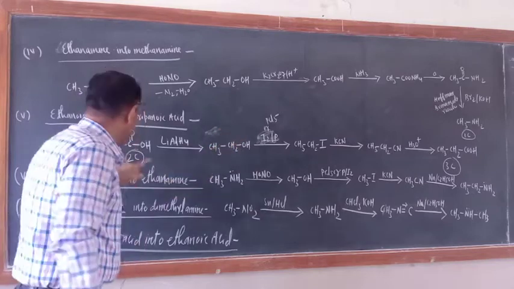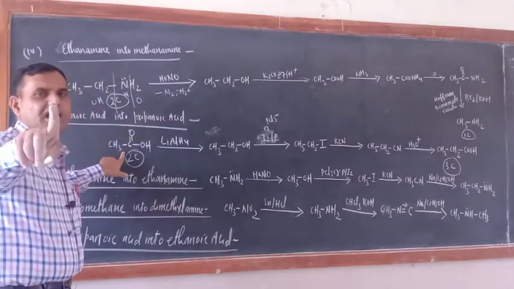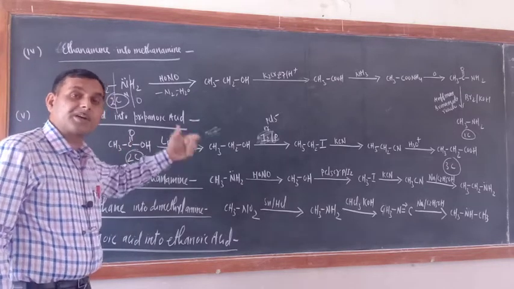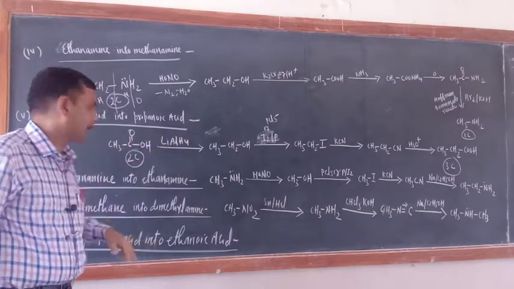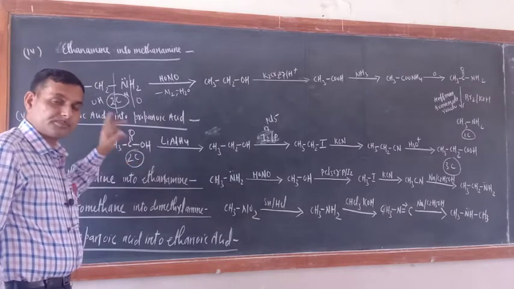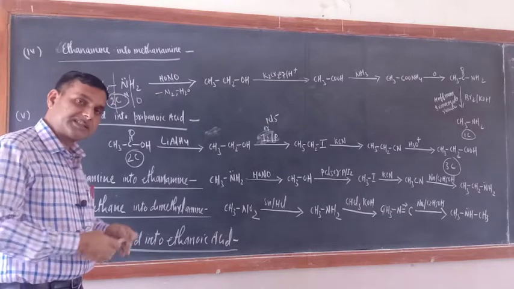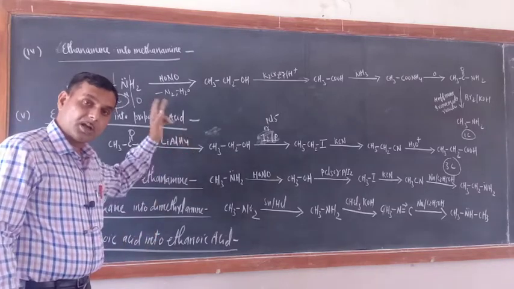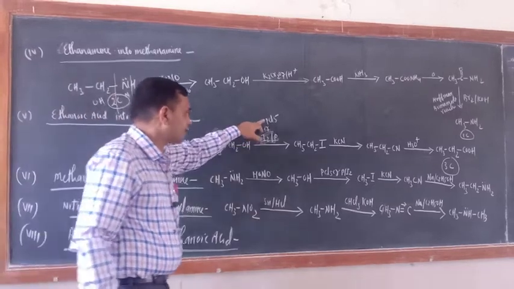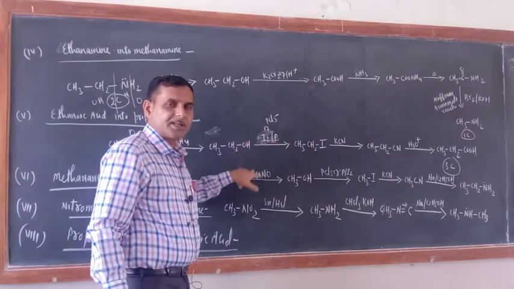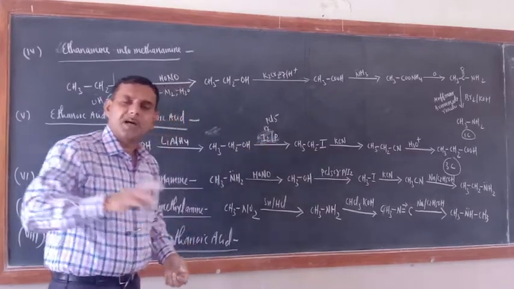Means the starting material should be converted into alkyl halide. What is the starting material? CH3COOH. Okay, if carboxylic acid is subjected to reduction, then the product is alcohol, and when alcohol reacts with PCl5 or I2 / red phosphorus, then it will be converted into alkyl halide.